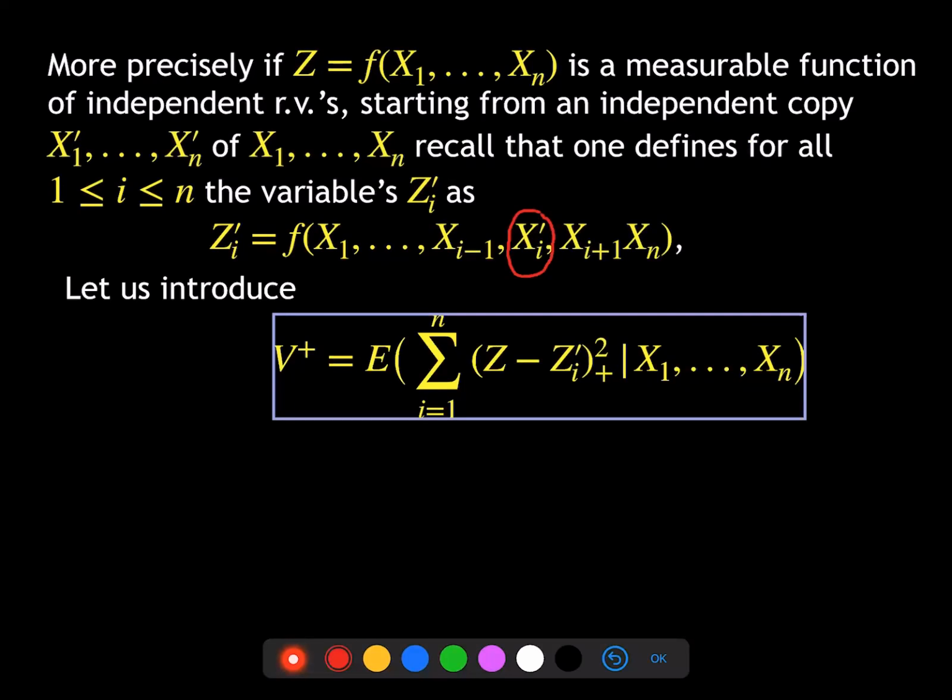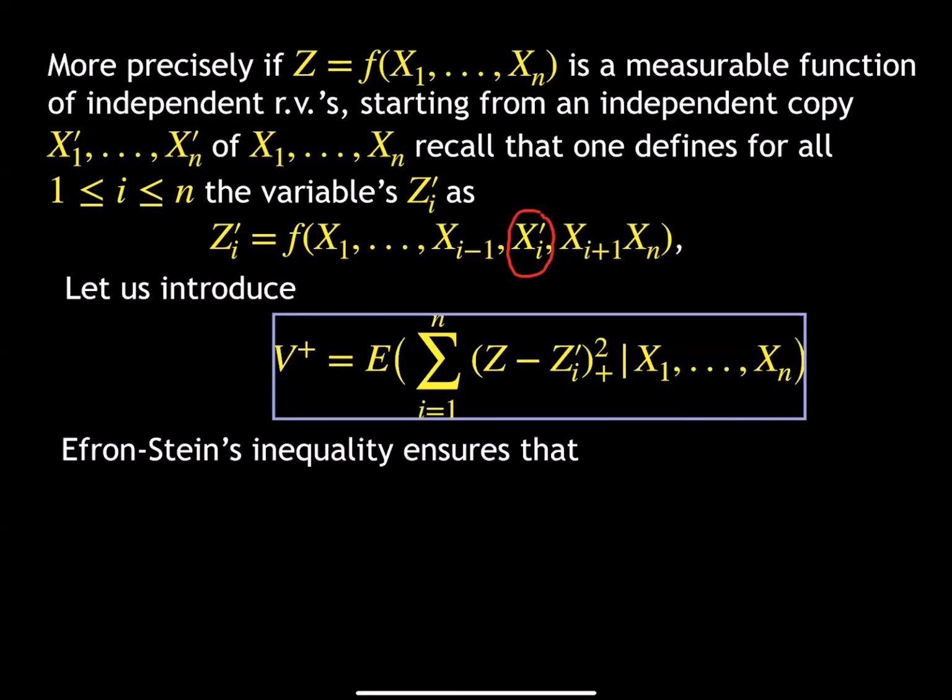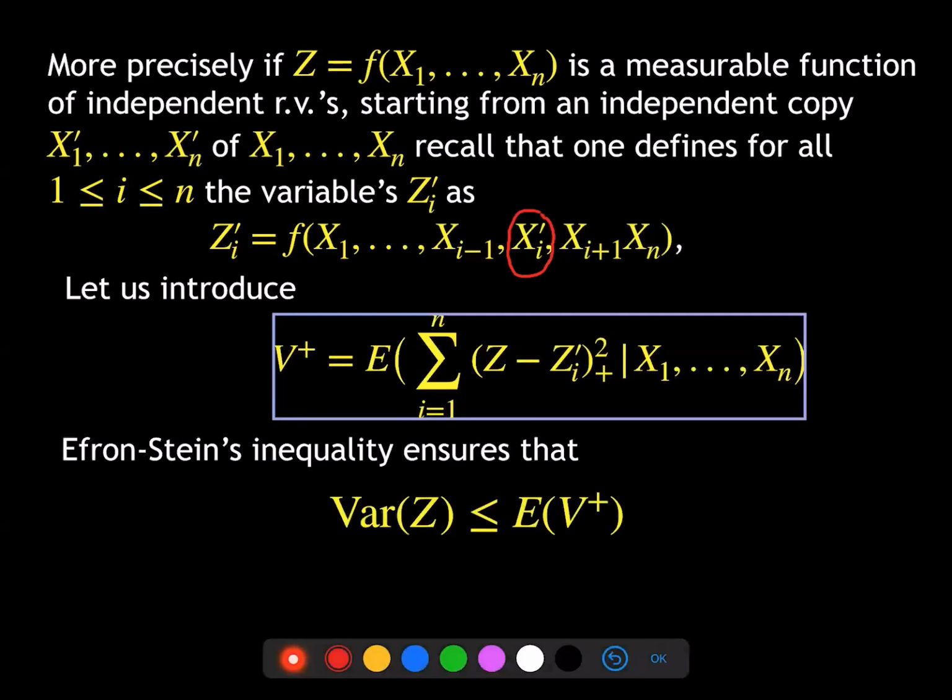So it is a Z prime i variable, and you construct this V plus here, which is merely the expectation conditionally to X1, ..., Xn of (Z minus Z prime i) positive part squared. What we know from Efron-Stein's inequality is that the variance of Z is less than the expectation of this V plus. Okay, this is one of the different ways of expressing Efron-Stein's inequality.